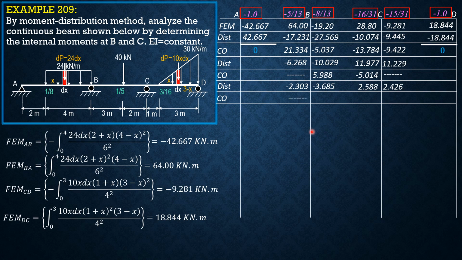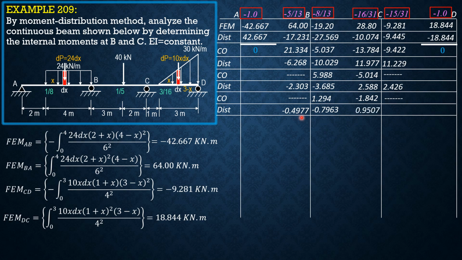Then carry over, so none, half of 2.588 here, half of negative 3.685 here, then none. Distribute 1.294 times negative 5 over 13, 1.294 times negative 8 over 13, negative 1.842 times negative 16 over 31, negative 1.842 times negative 15 over 31.